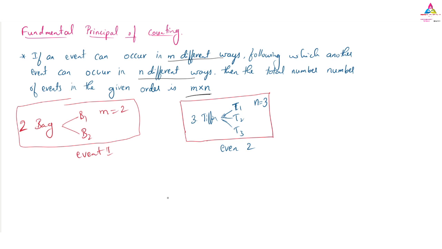Now according to the theory, if an event can occur in m different ways, the first one, event number 1, occurs in m, that is 2 different ways. Another event, event 2, can occur in n different ways, that is 3 times, so n is 3.